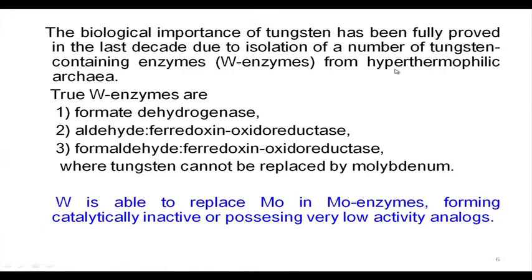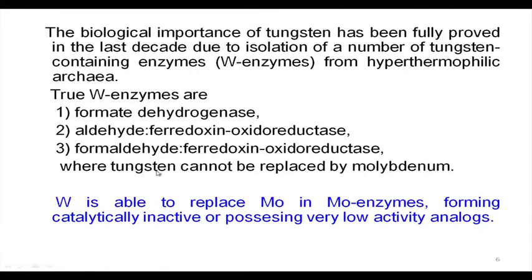So, at high temperature they are very stable, and in most cases our notion is that all these biological systems, all these enzymes, are not so stable at high temperature. So, these thermophilic bacteria can stabilize at higher temperature also. So, the oxo forms of these tungsten bearing enzymes are getting stabilized, though they are also bound to sulfur groups, because sulfur groups are not so well known for their stability at higher temperature.